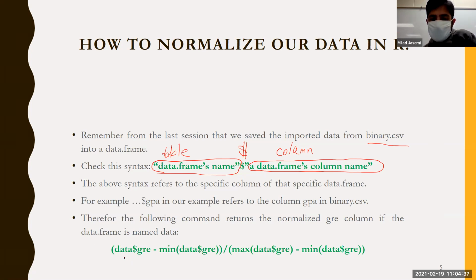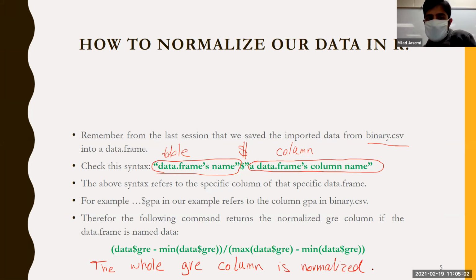Here, the whole GRE column is normalized. It's another advantage of R that you see, we are not using a for loop, while loop, or any of those things.